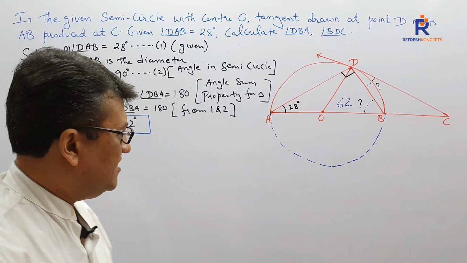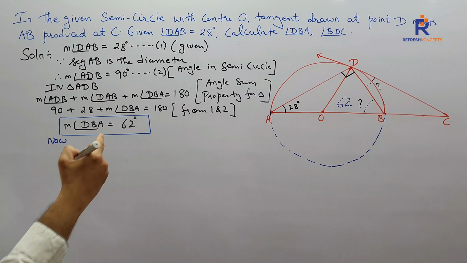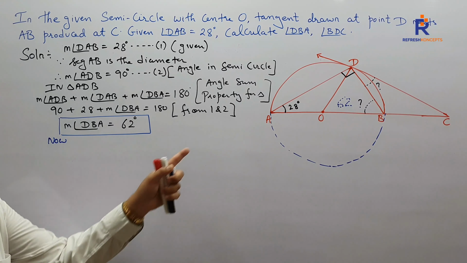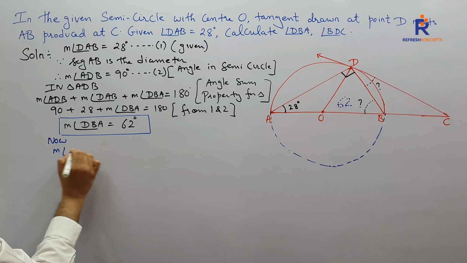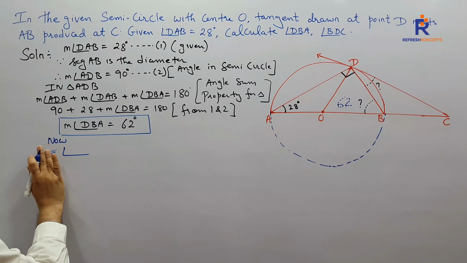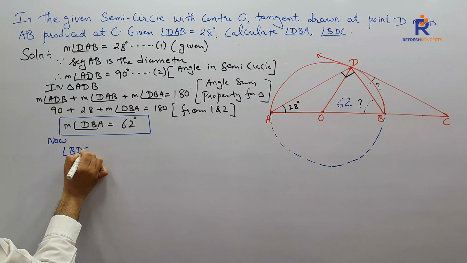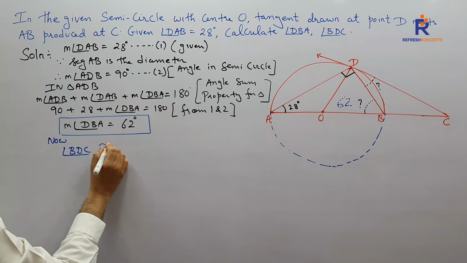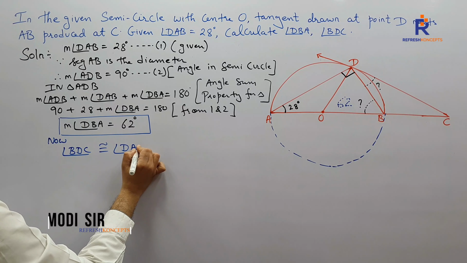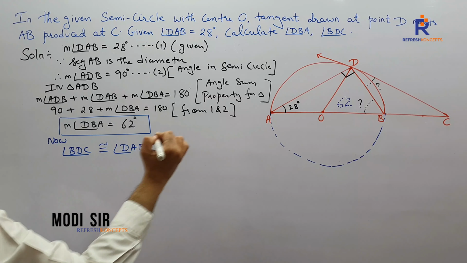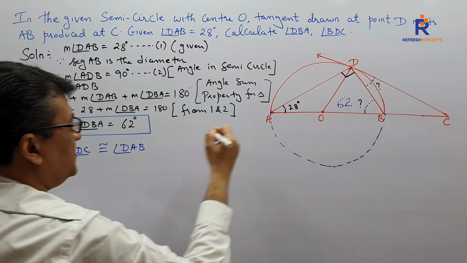We are done. So now what is it? I'm writing with a different marker to make you understand what we are making use of. I'll give you a second solution also. Measure angle BDC is congruent to angle DAB.